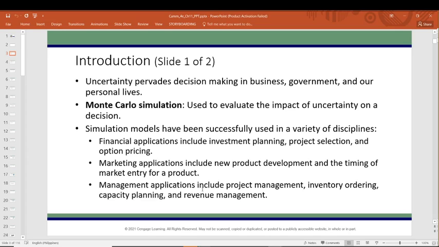So in each of these applications, uncertain quantities complicate the decision process. As we demonstrate, a spreadsheet simulation analysis requires a model foundation of logical formulas that correctly express the relationships between parameters and decisions to generate outputs of interest.